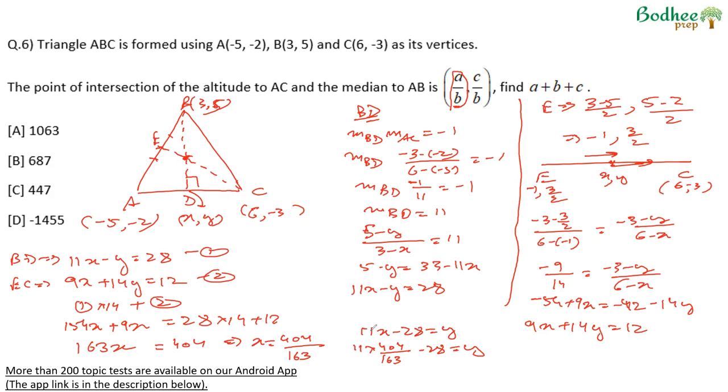Using the calculator, we get minus 120 by 163. This becomes the value of y. So a by b is the value of x, which is 404 by 163, and c by b is the value of y, which is minus 120 by 163.